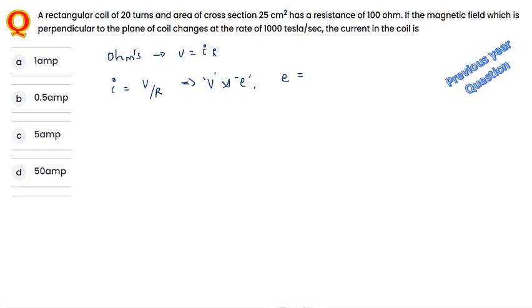Hope you remember this BAN formula. That one here is d phi by dt. So instead of phi you can mention d by dt of B, A and N.